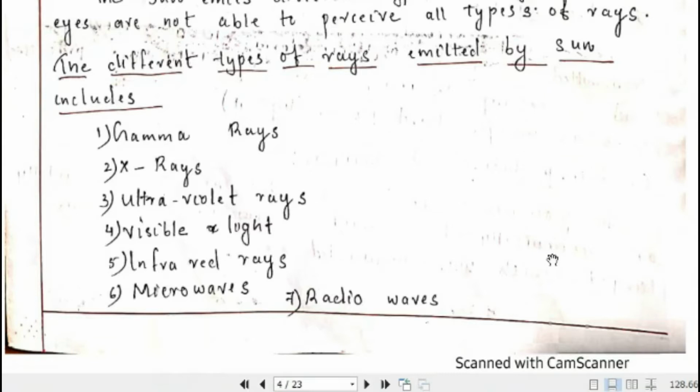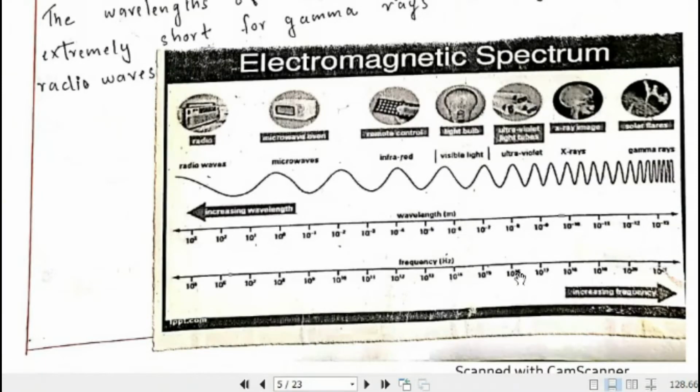The spectrum is starting with the gamma rays which are having the least wavelength and high frequency. The other end of the spectrum is arranged with microwaves and radio waves which are having high wavelength and less frequency. These waves are arranged in the spectrum as per their frequency and wavelength. One end you can see gamma rays which are having very less wavelength but high frequency, and another end radio waves which are having high wavelength and less frequency.